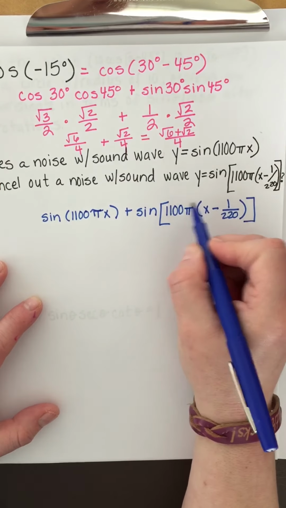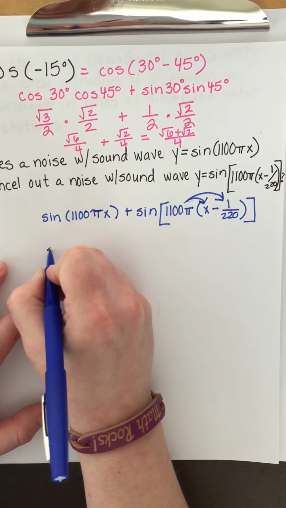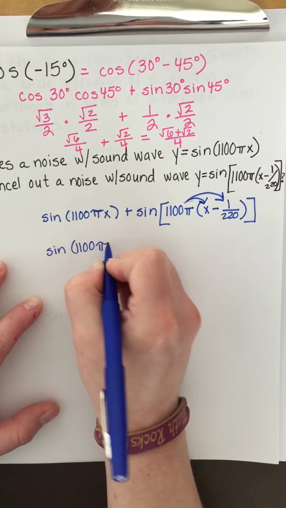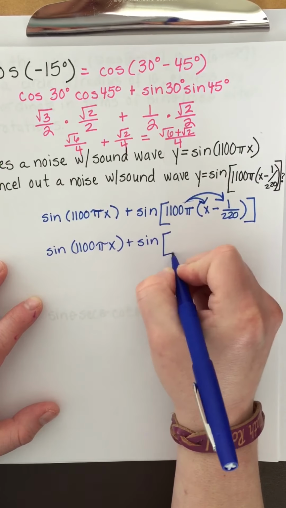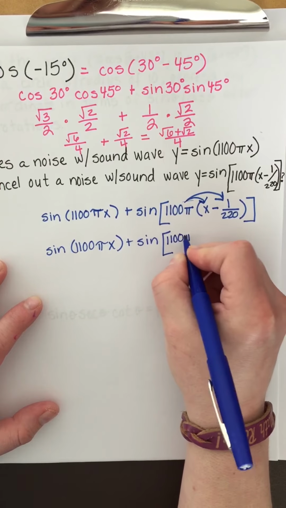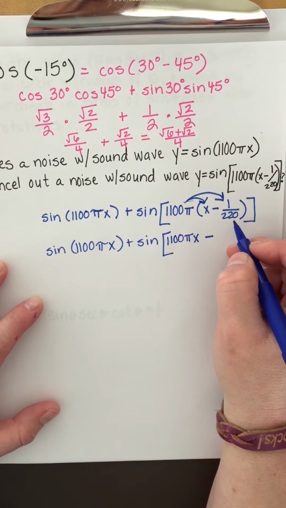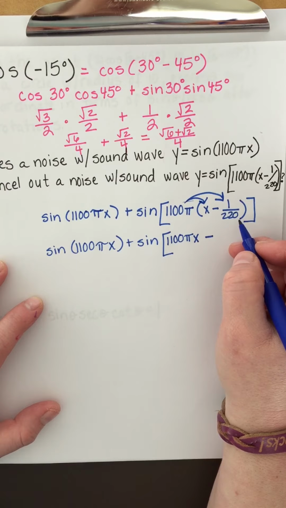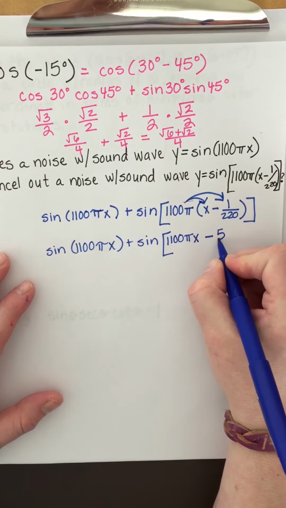All right, and what I'm going to do is distribute this, and that'll give me, all right, so 1100 pi times x would be 1100 pi x, and then 1100 pi divided by 220. So how many times does 220 go into 1100? And that would be 5. Don't forget your pi.